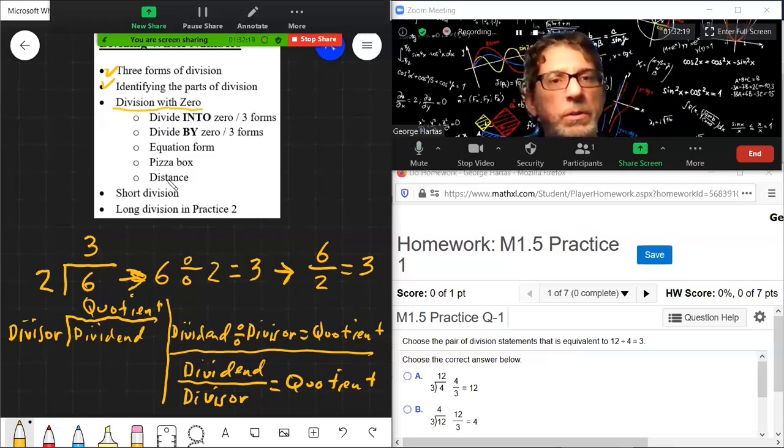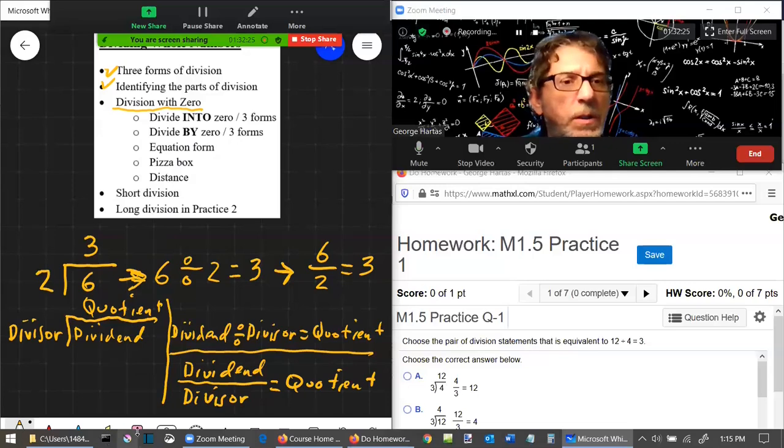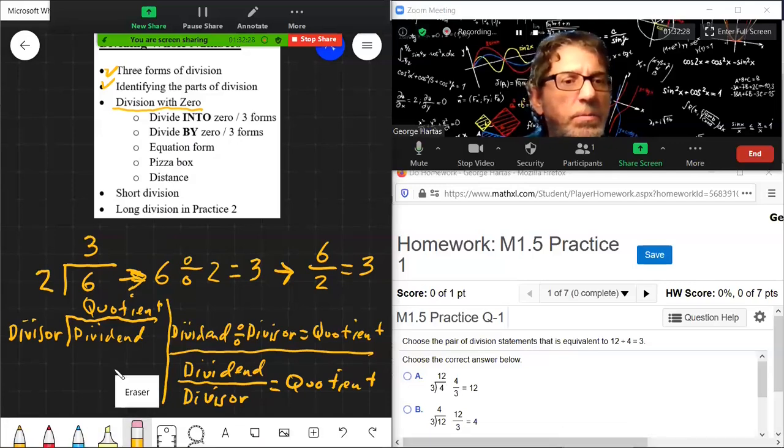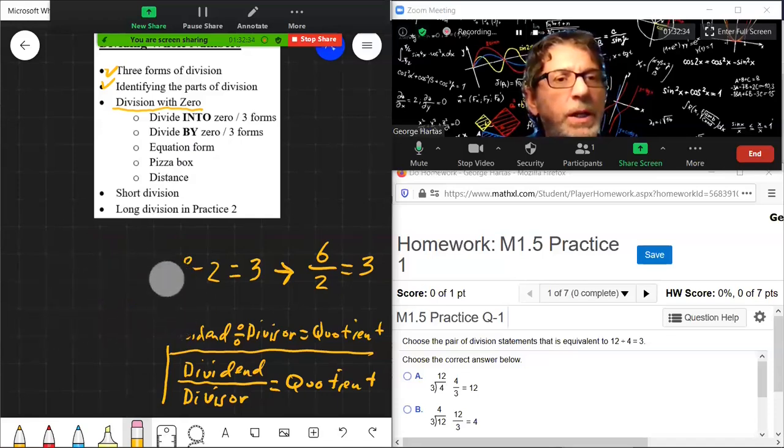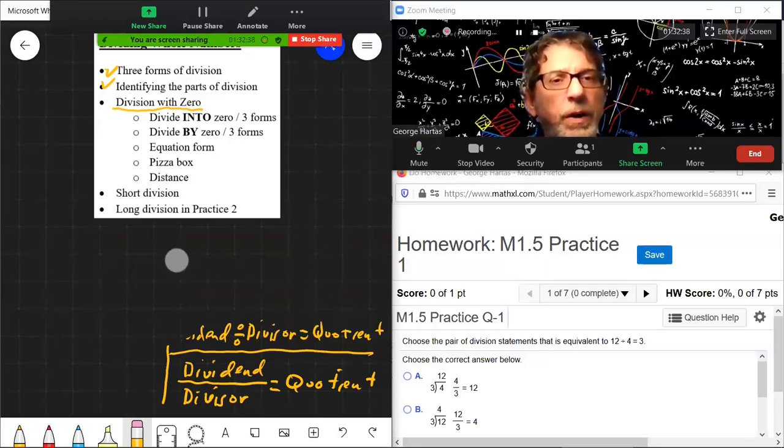Division with zero. So what we'll do is we'll go ahead and erase this. And let me show you some examples, which hopefully are going to make it easier for you to remember what the answer is when you divide into zero or when you divide by zero.